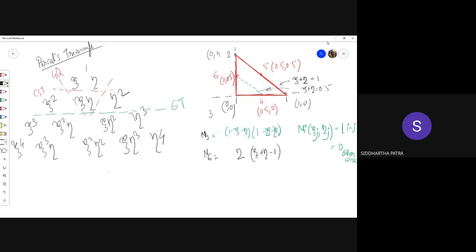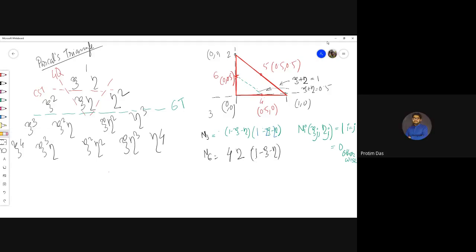Here if you substitute 0.5 and 0, you need to multiply with minus 4. So if you take it to be like this, 1 minus xi minus eta, it would satisfy both the conditions.